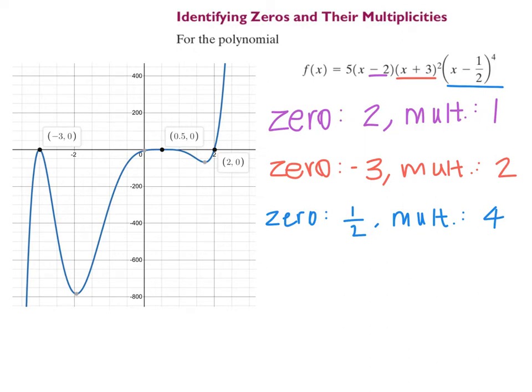But it's obviously different than the negative 3, which looks like an upside down parabola piece. When you increase the multiplicity, it kind of pulls this function out over here. So it does cross, it just takes a long time to do it. But there's your zeros and their multiplicity.